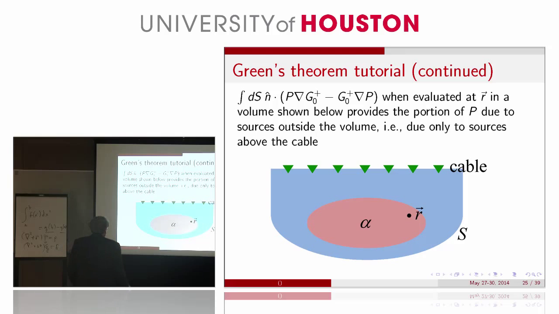If you choose your surface to be the cable and evaluate it here, then that surface integral evaluated here gives you the contribution that the source outside contributes to the field at this point. Well, that gives you then what the air guns or whatever produce in the reference medium here, anywhere, in the water, in the earth, anywhere. Okay? That's why it's called wavefield separation. It's not filtering, it is predicting. Yes?